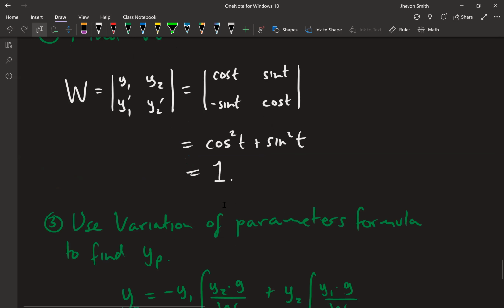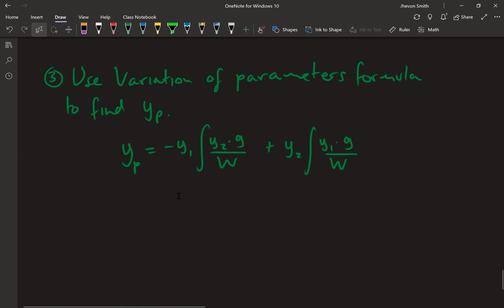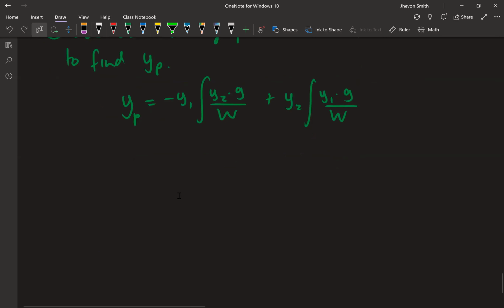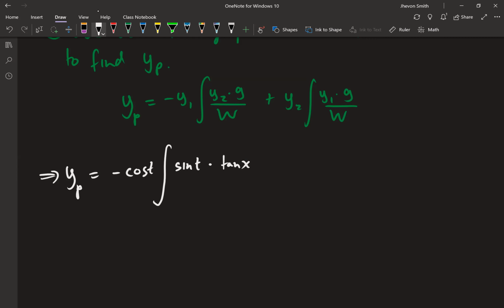Find the Wronskian, step 2. Step 3, use the variation of parameters formula. So now I'm just going to actually plug these guys in. So this means that my YP is going to be given by minus y1, my y1 was cosine, times the integral of y2, my y2 was sine, times g, which is tangent, divided by the Wronskian, which is 1.